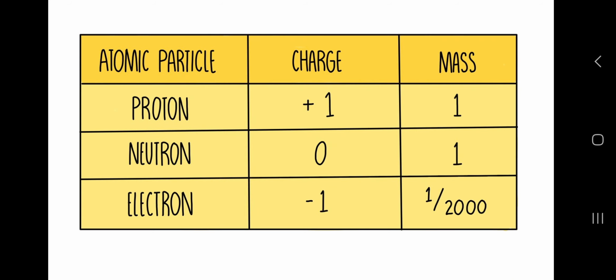The charge of a neutron is 0. There's no charge to a neutron. But to an electron, it is -1. The mass of a proton is 1. The mass of a neutron is also 1. But an electron is 1/2000.